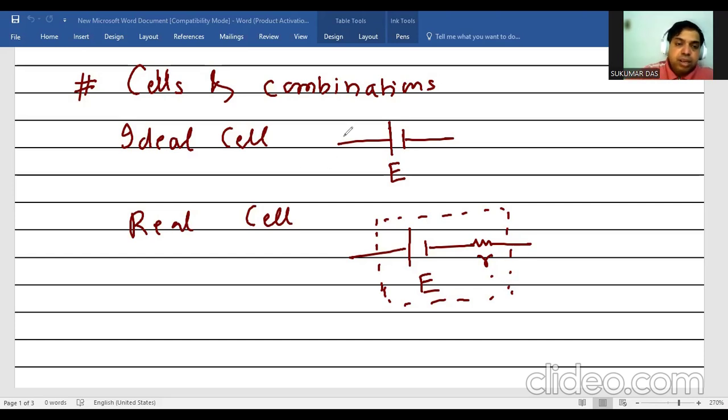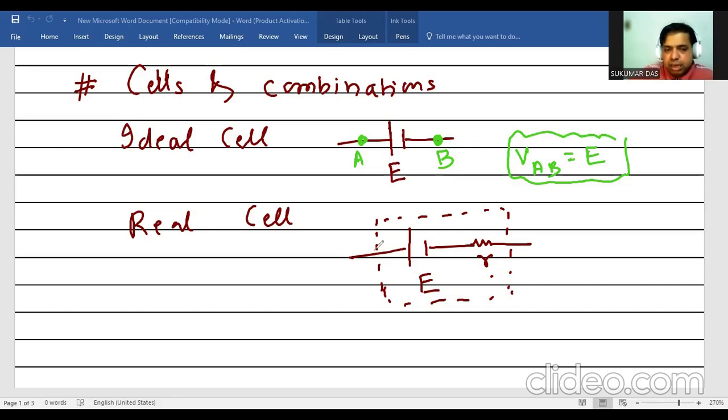Now, in case of ideal cell, potential difference between the two endpoints of this cell will be the same as that of the EMF. So we can write that potential difference between AB is equal to EMF of the cell. The potential difference between the two endpoints of this cell is also known as terminal potential difference.